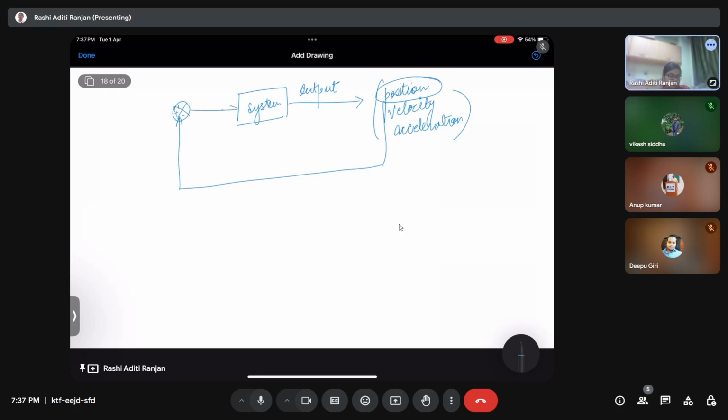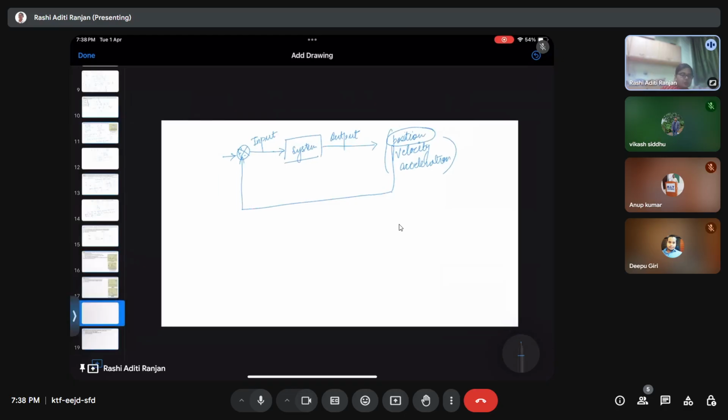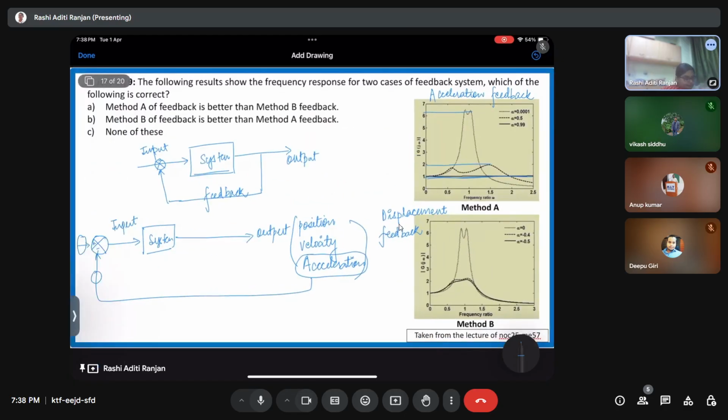On the basis of this, my input will be decided. Okay. And now I'll work on the basis of my position. Okay. How my position is changing, and if there's a variation in the position, my input is going to get decided on the basis of how much of the variation is required so as to attain a particular position. Okay, fine. Now, if I talk about the response for the position feedback, look over here.